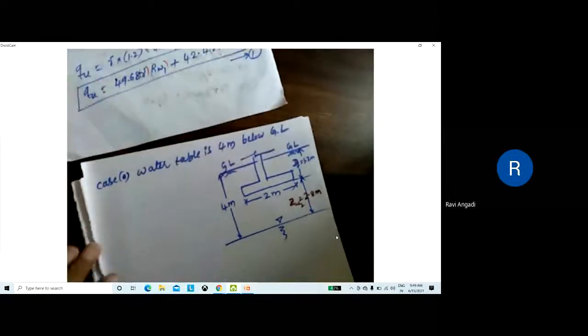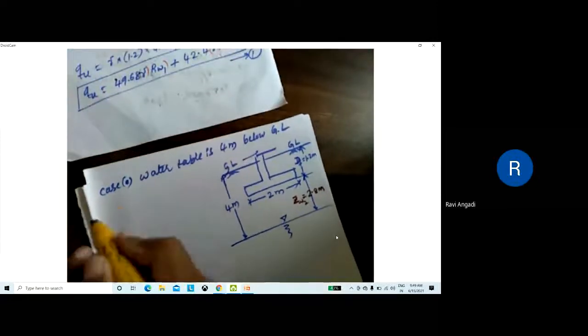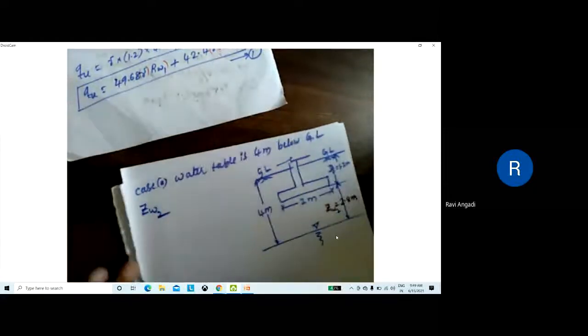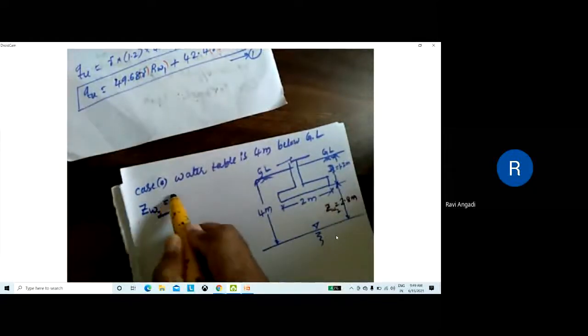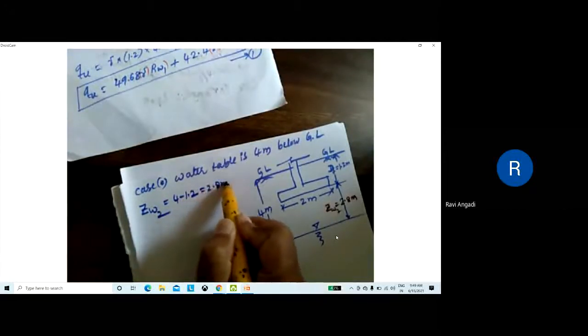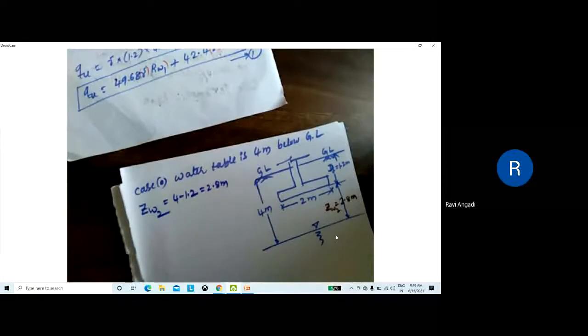Now I'll calculate first. ZW2 is equal to 4 minus 1.2, you'll get 2.8 meter.